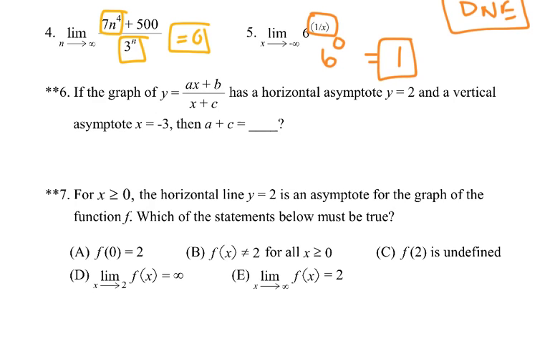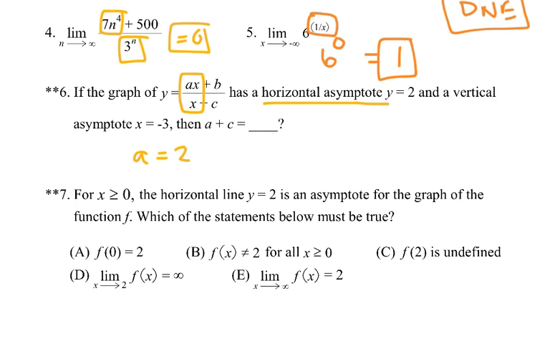Moving on to number 6, if the graph of y equals ax plus b over x plus c has a horizontal asymptote at y equals 2, what that must mean is that we've got a Betsy situation going on. The bottom is equal to the top in terms of the powers. So we look at the coefficients, and that gives us our limit to infinity, or our horizontal asymptote. The coefficients of ax over x have to equal 2, so a equals 2.